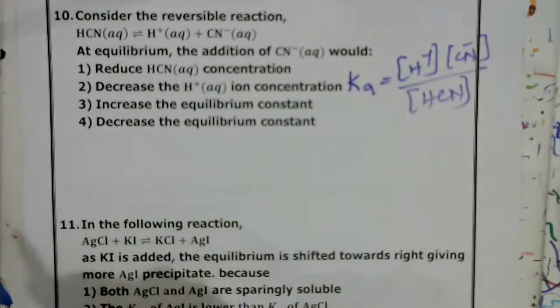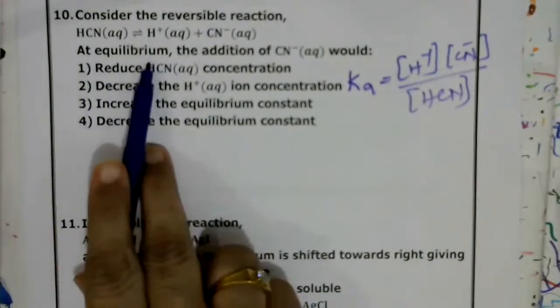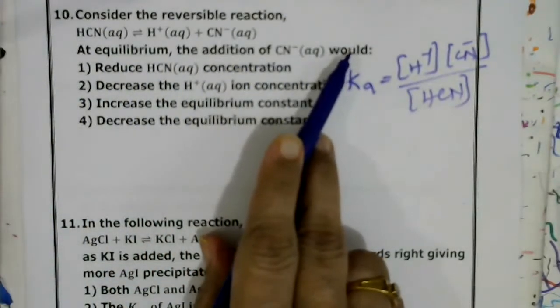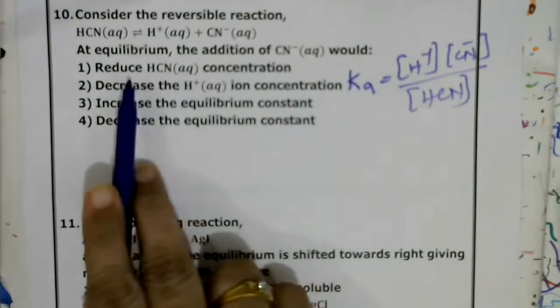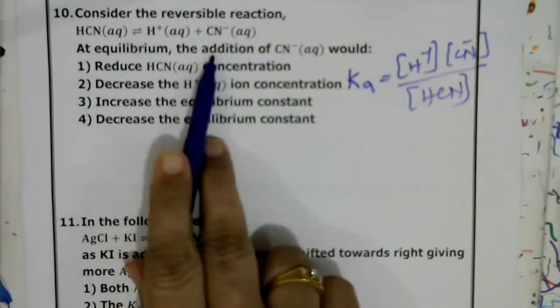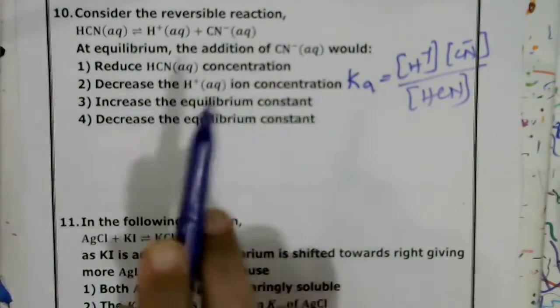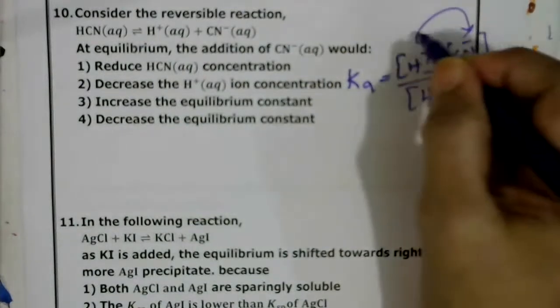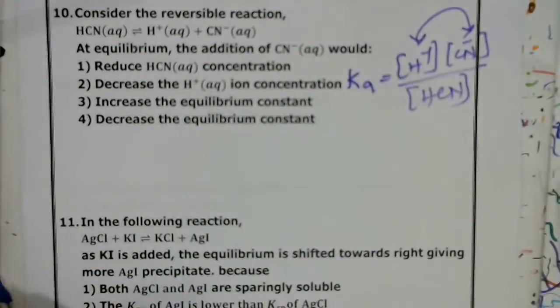What they are asking to you? At equilibrium, the addition of CN minus would be. So they are asking that whenever we are going to add CN minus at equilibrium, what happened? So it means that they are asking the relation between these two. Correct? Yes, correct answer, second option.